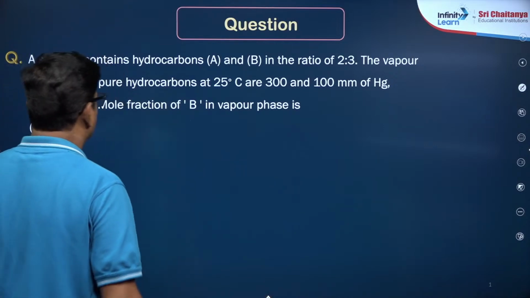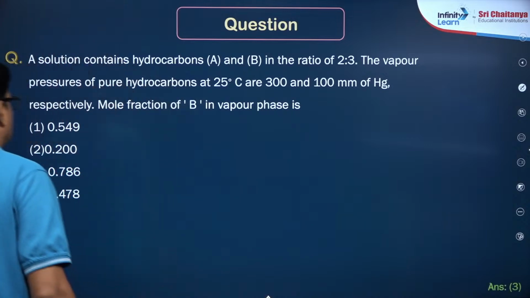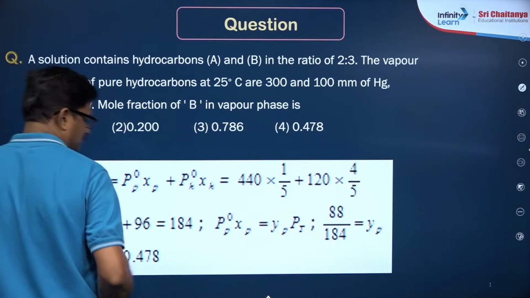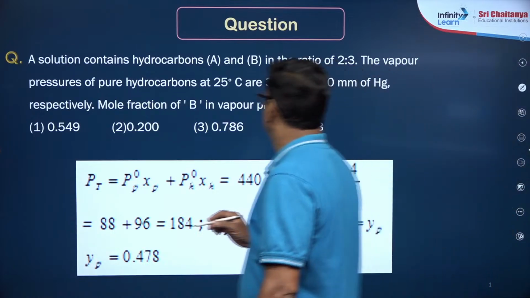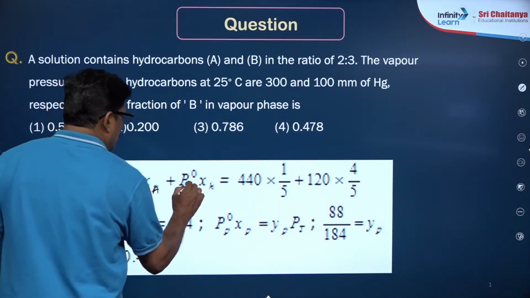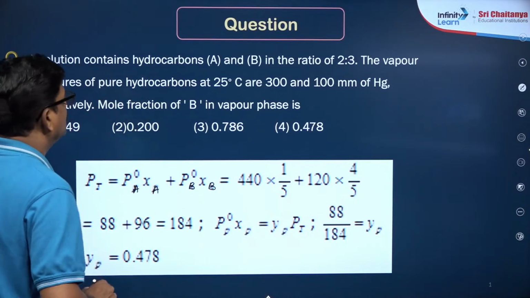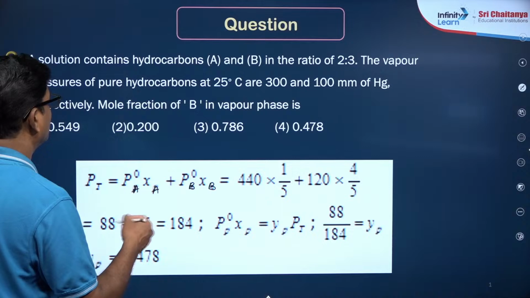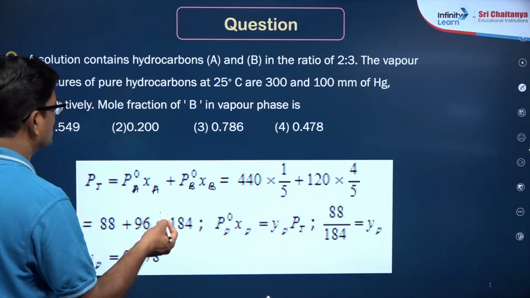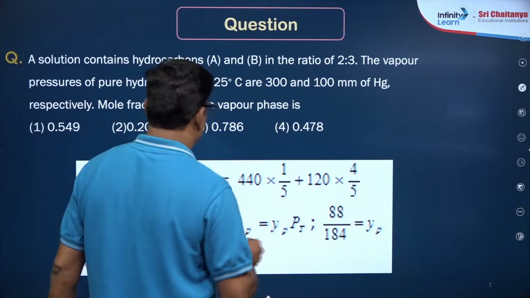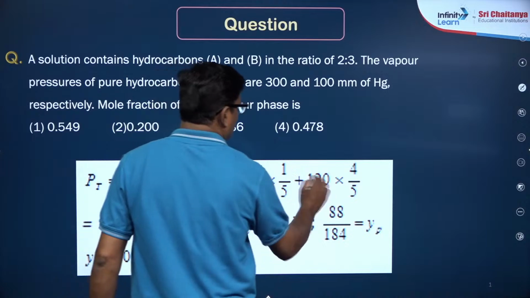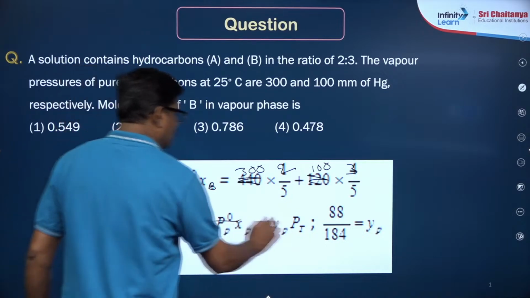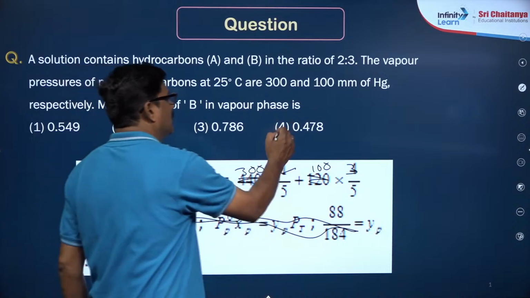The ratio is given as 2:3, so you can take the mole fractions in the same ratio, 2 upon 5 and 3 upon 5. Hydrocarbon A has 300 and B has 100. On solving, you are going to get 0.478.